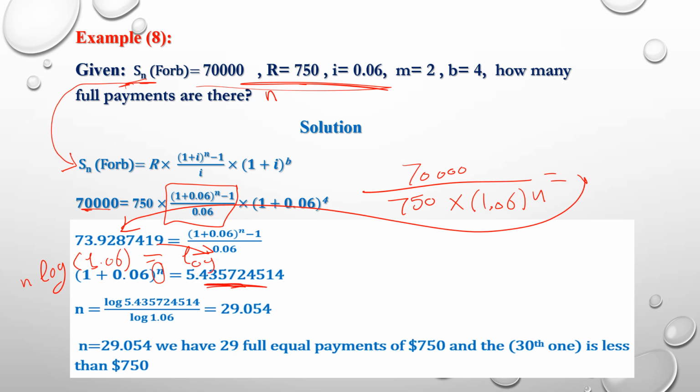So by dividing the logarithm of the right hand side of the equation by the logarithm of 1.06 gives us the value of n, which equals 29.054. So we have 29 full equal payments of $750, and the 30th payment would be less than $750.